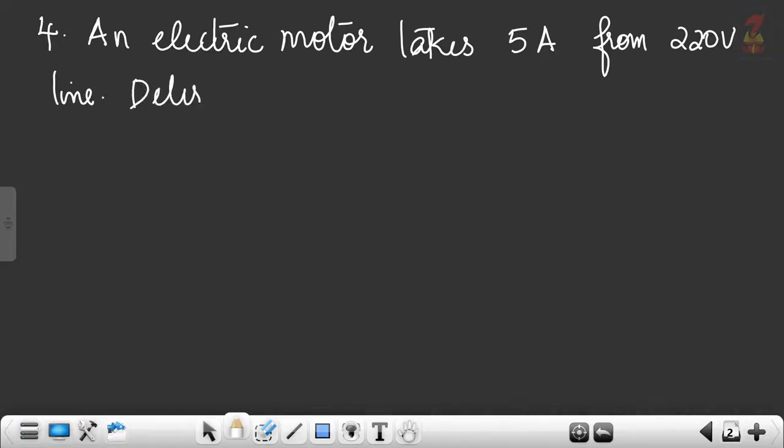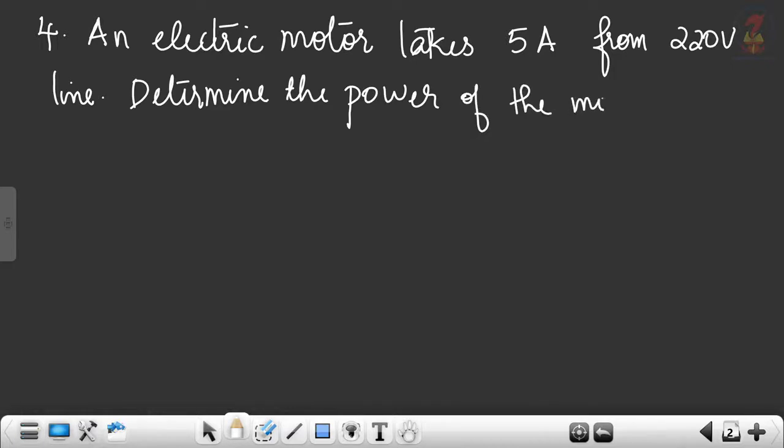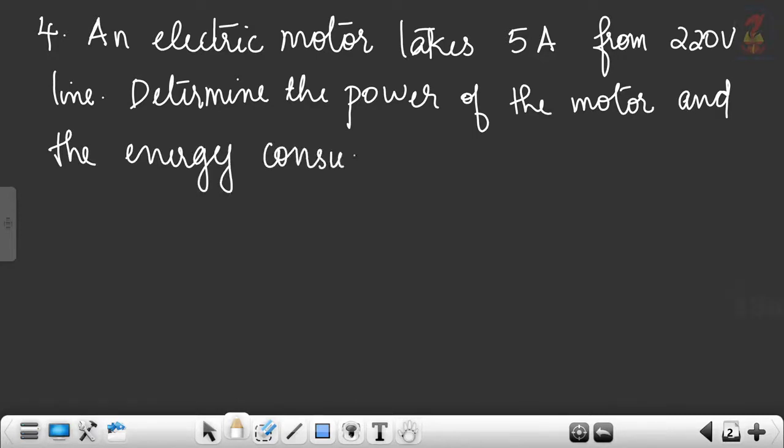Determine the power of the motor and the energy consumed in 2 hours.